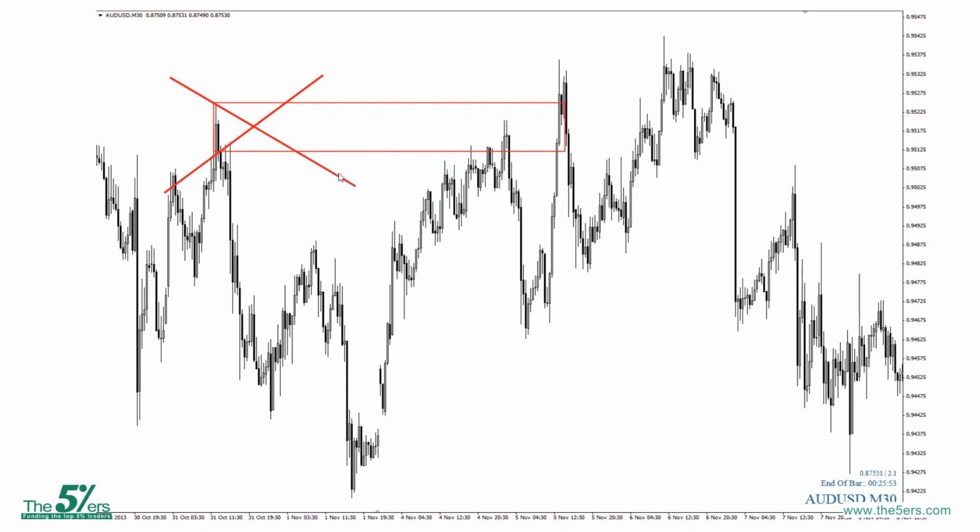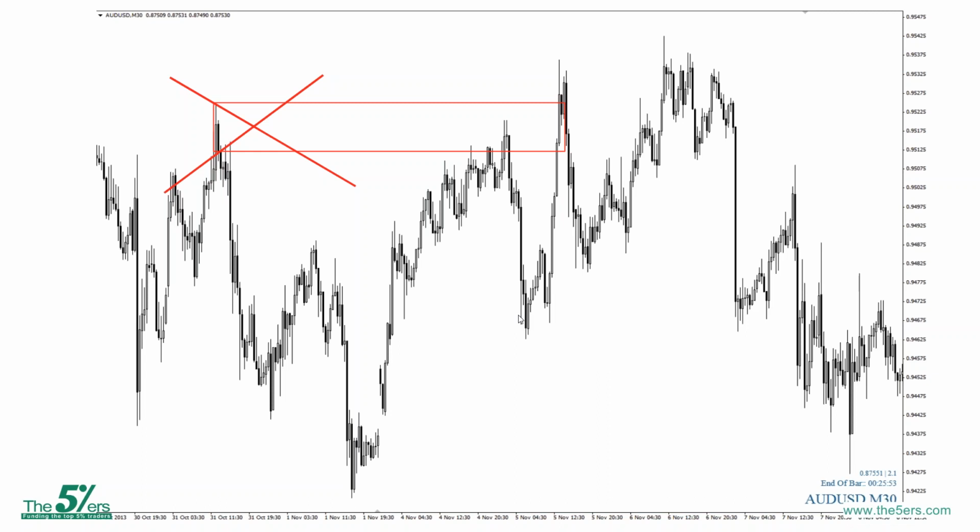In the next session we'll talk about confirmation, and maybe we'll have the answer to how we could take this short trade and enjoy this down motion.